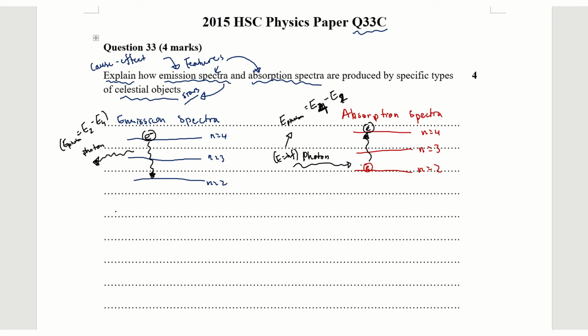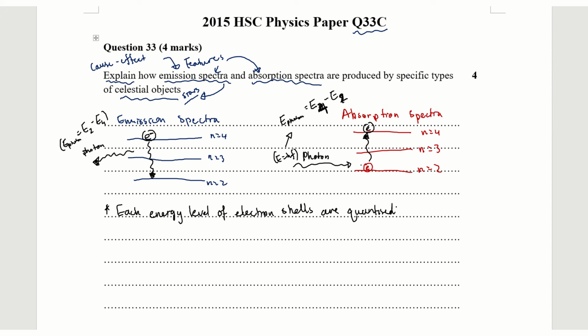So let's actually try and explain how this forms. Firstly, we need to note that each energy level of electron shells are quantized.